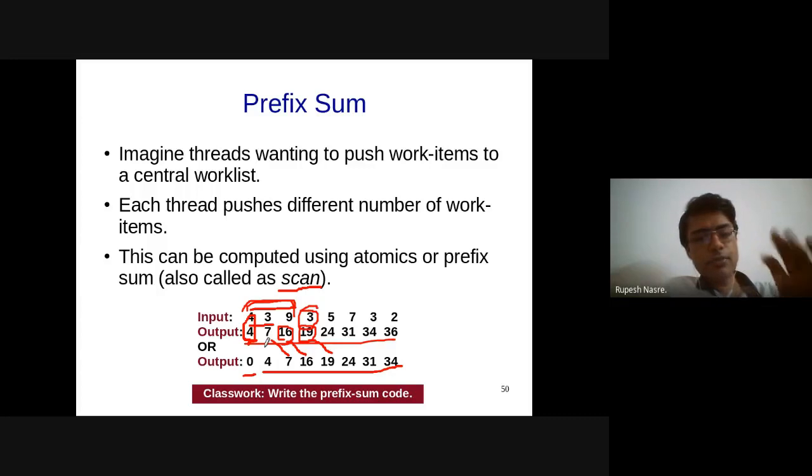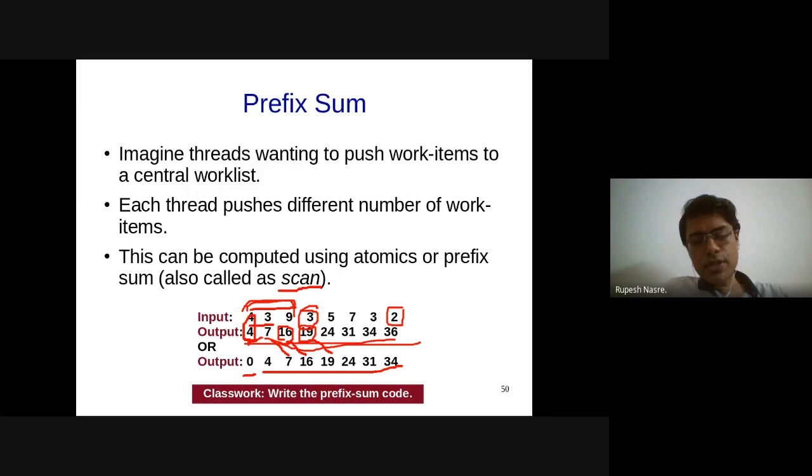N-1 threads will probably finish, but the nth thread is essentially going to sum all these values, which is actually the same as what we did using the sequential process. While the last thread is going to sum up all these values, it can as well go on writing these values. Right? So therefore, the operation turns out to be very similar to sequential scan. So there is an inherent sequentiality in this particular prefix sum.